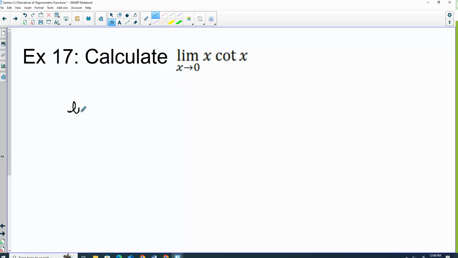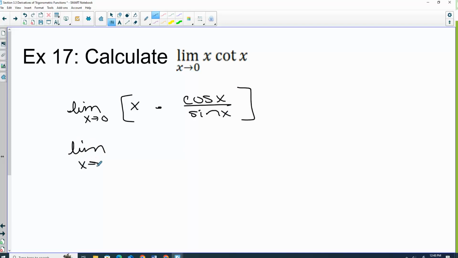Well, cotangent is cosine over sine. Okay. So this is x times cosine x over sine x. So it's x over sine x and cosine x over 1.